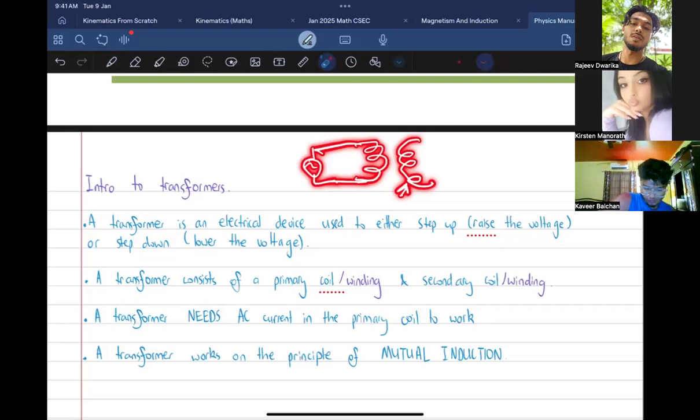We have a change in magnetic field over here, and that's going to cut through this coil. Anytime you have a change in magnetic field, what is being generated or induced? Correct, an induced current, or an induced EMF. Perfect. So anytime you have a change in magnetic field, a voltage is induced.